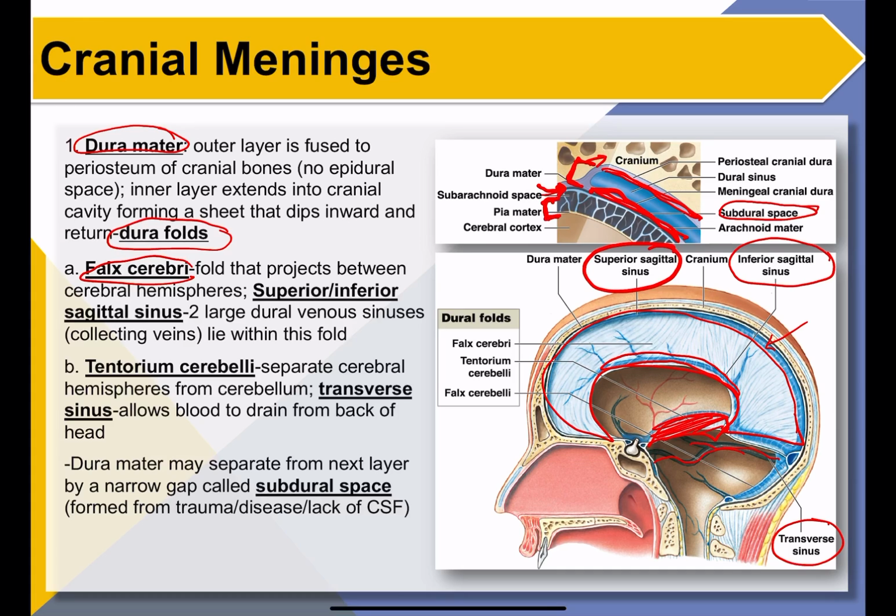Remember that it shouldn't exist in a healthy person, but if, for example, bleeding happens in that area, it can collect there and form what's called a subdural hematoma, separating the dura mater from the arachnoid mater. Also, after a person dies, like in a cadaver, this subdural space will also appear. So this is just a potential space within the brain that can develop if there is something abnormal going on.